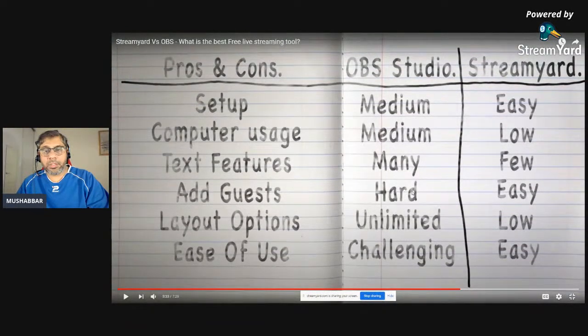It's basically because I think there are a lot of options in OBS Studio, and depending on where you are going to stream and how you are going to stream, maybe you have to configure it properly. I will look into that. And then in StreamYard, it is very easy. It looks like it is very easy to do that. Then there are unlimited layout options in case of OBS Studio, but in case of StreamYard, there are not many options available for layout.